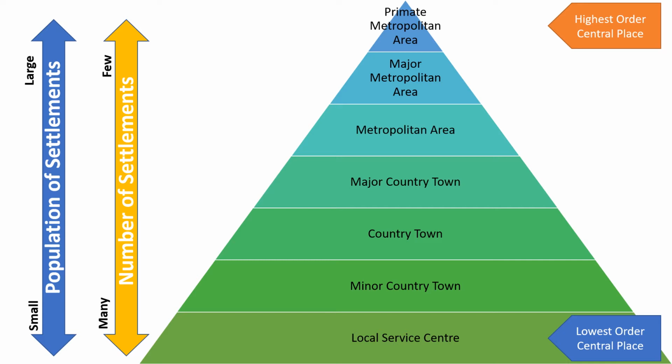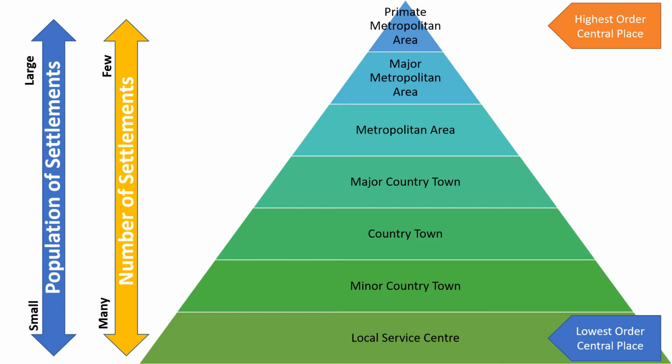And you look all the way down at the bottom, and at the very bottom of the pyramid is our local service center. Now, that is our smallest urban settlement, basically a small town. And everything in between. So the terminology he used was local service center at the bottom, a minor town, a country town, a major town, a metropolitan area, major metropolitan area, and then a primate metropolitan area.